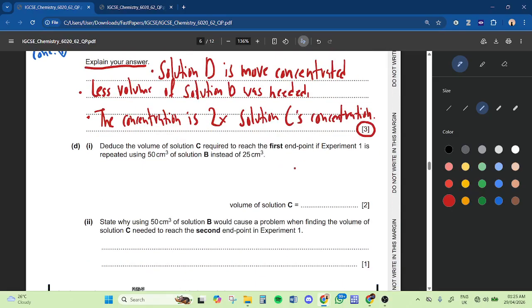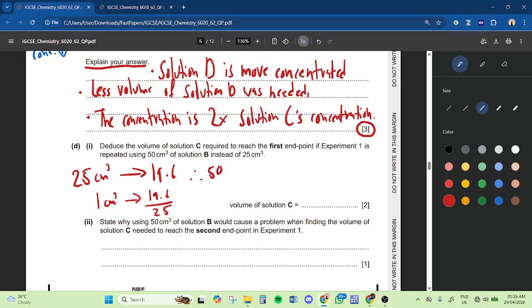So deduce the volume of solution C required to reach the first endpoint if experiment 1 is repeated using 50 cm cube of solution B instead. So for 25 cm cube, we're going to do the unitary method. You needed 19.6. So for 1 cm cube, you're going to need 19.6 divided by 25.